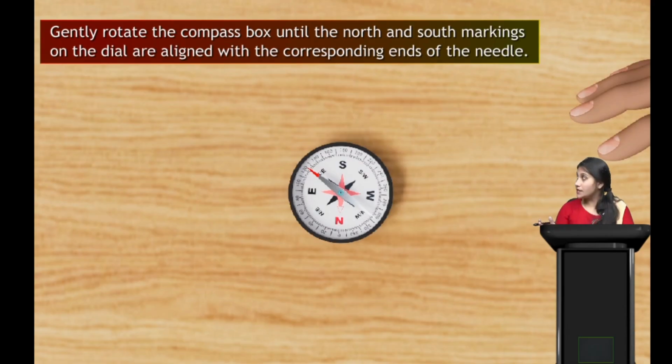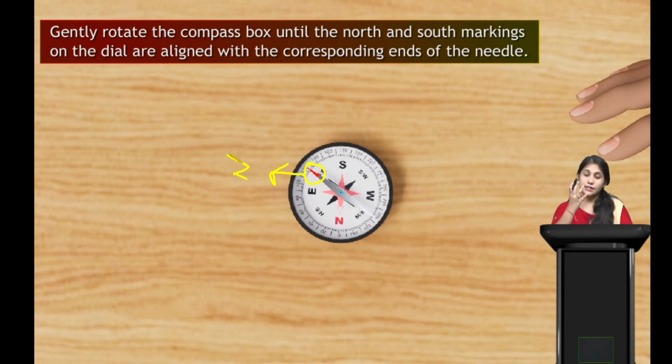Gently rotate the compass box until the north and south markings on the dial are aligned with the corresponding ends of the needle. I said before that the red part will indicate the north direction.